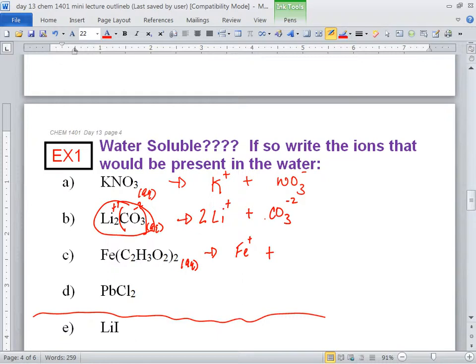Fe with a charge of plus 2, right? And then that acetate, that big acetate thing, with a charge of -1. Perfect. How about lead 2 chloride, Alyssa?